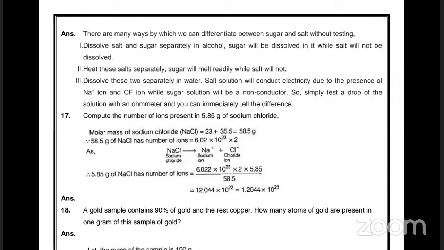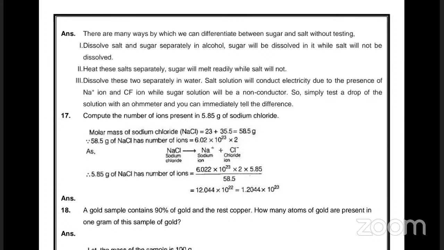Sir, do I have to read the 16th question? The answer? Yes, the answer. Okay, sir. There are many ways by which we can differentiate between sugar and salt without testing. The first method is to dissolve salt and sugar separately in alcohol. Sugar will dissolve in it while salt will not. Second method, heat the salt and sugar separately. Sugar will melt readily while salt will not.